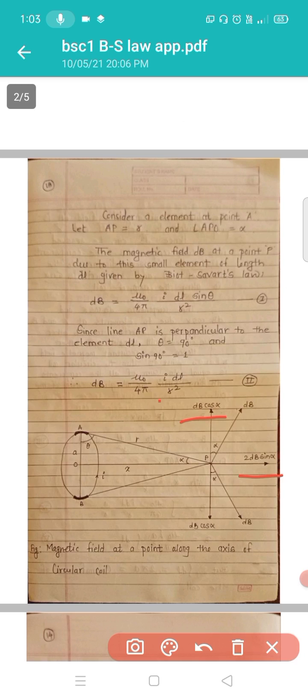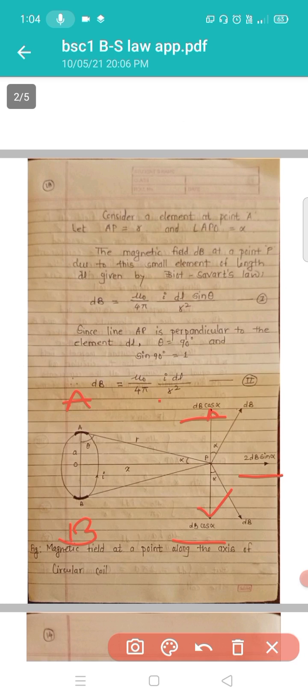The components dB cos alpha due to the elements at A and B are opposite in direction to each other, hence they cancel out each other.